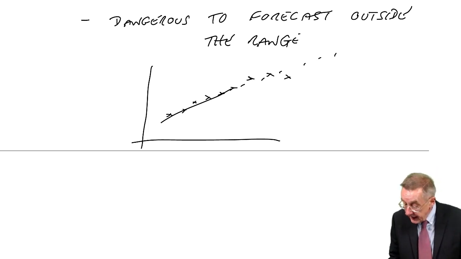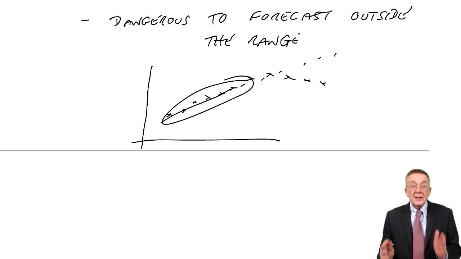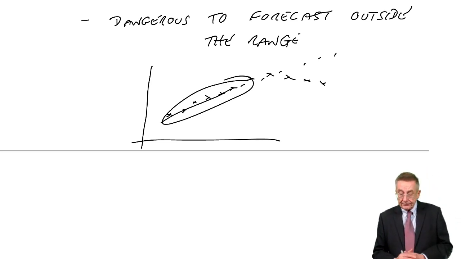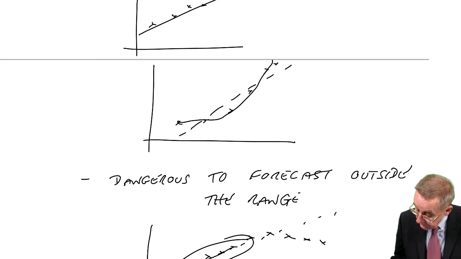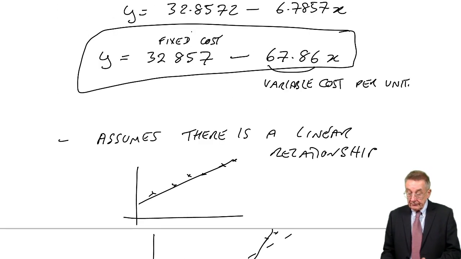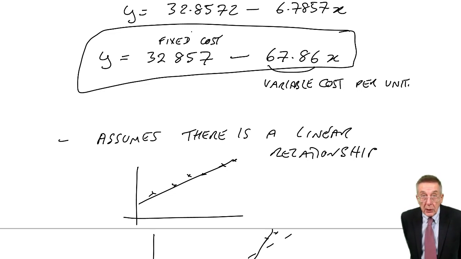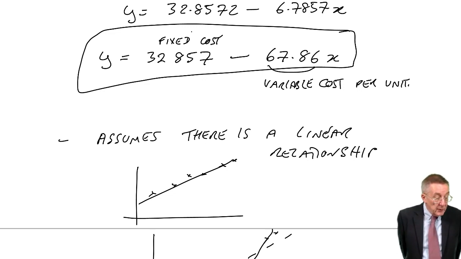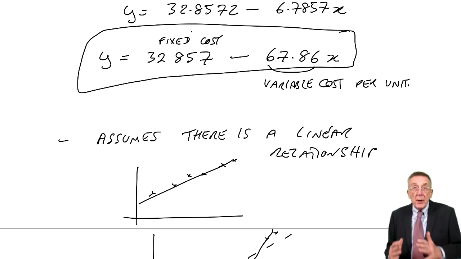Maybe it sort of goes like this. So it's only valid to forecast within the range. However, my first problem was it assumes there's a linear relationship, and we don't know. You know, I didn't put those on a graph. If we did put them on a graph, I think it is reasonably linear, but we don't know.